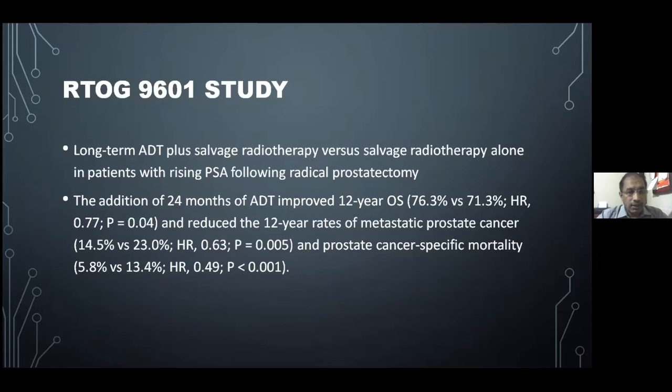The long RTOG 9601 study investigated long-term ADT plus salvage radiotherapy versus salvage radiotherapy alone in patients with rising PSA following radical prostatectomy.